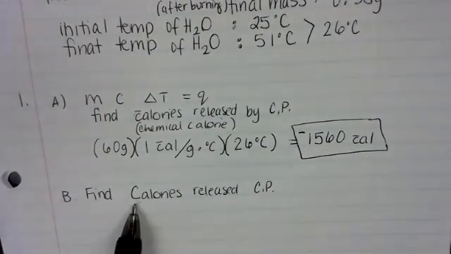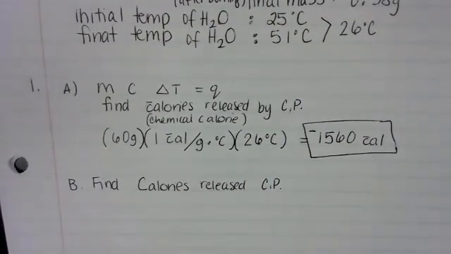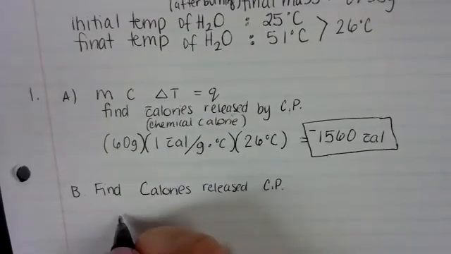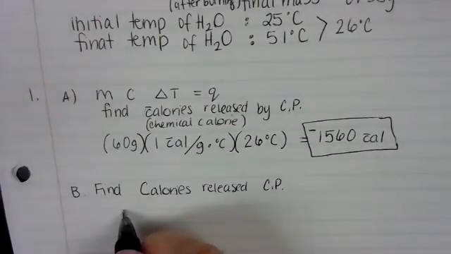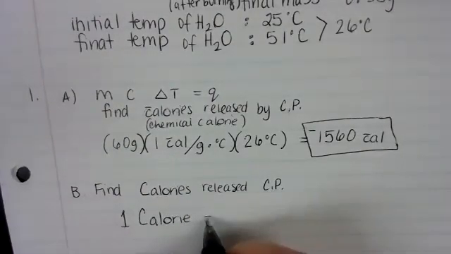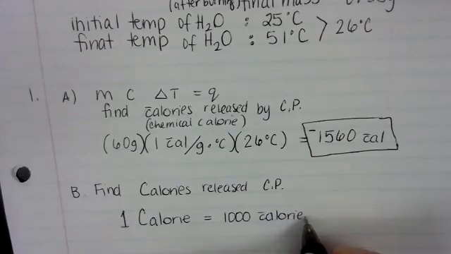All right, so now we need to figure out this little guy. We have food calories, and this is the first time we've seen this in chemistry class. You've seen it in every nutritional box or image that you pick up nowadays. What we need to see is the equivalence of a food calorie. So 1 food calorie is equal to 1,000 little calories.